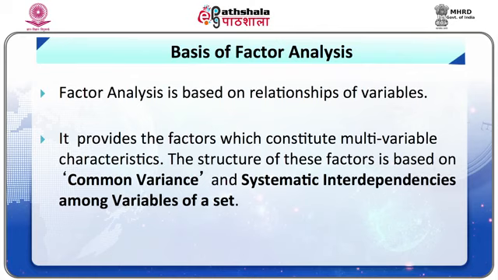Point number 3, factor analysis is based on the relationship of variables. Point number 4 says it provides the factors which constitute multivariable characteristics. The structure of these factors is based on common variance and systematic interdependencies among variables of a set.